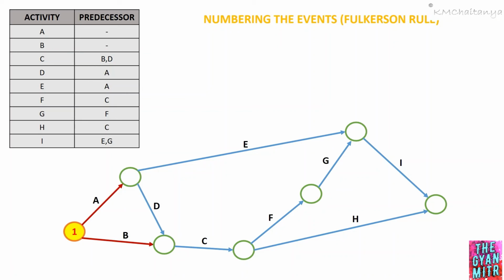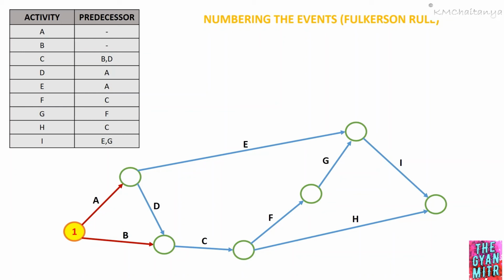After tracing activity A and activity B, now we'll mark which events have been completed. In order to mark the events which are completed, we have to consider the event and see if all the incoming activities have been traced or not.